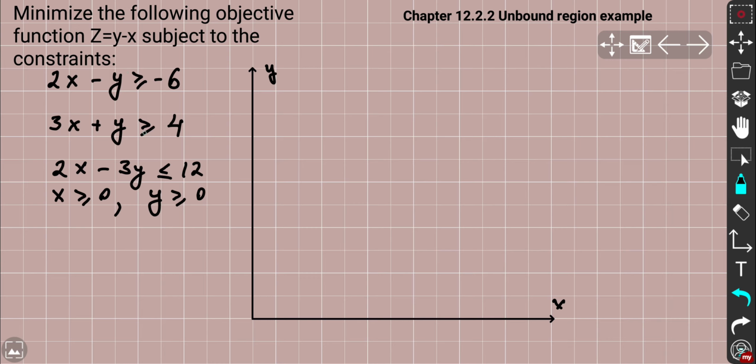Instead of inequalities, we're going to use equations, and that's how we set up the boundaries. After that, looking at the inequality sign, we understand where our region is. By combining all those regions, we come to the region that is called feasible, as you remember.